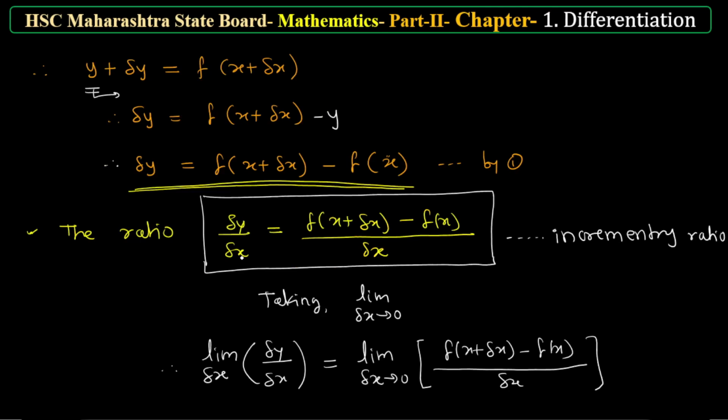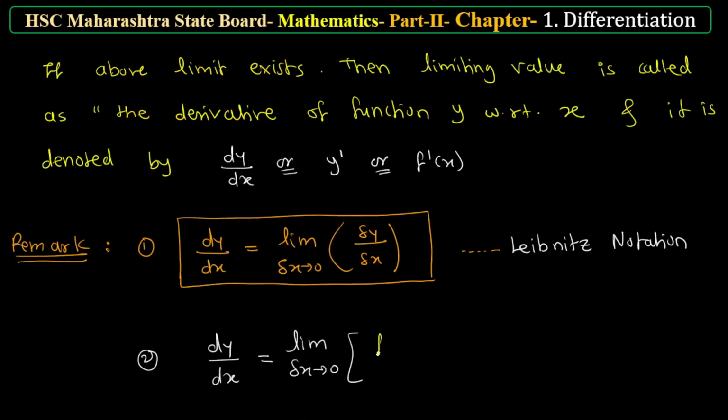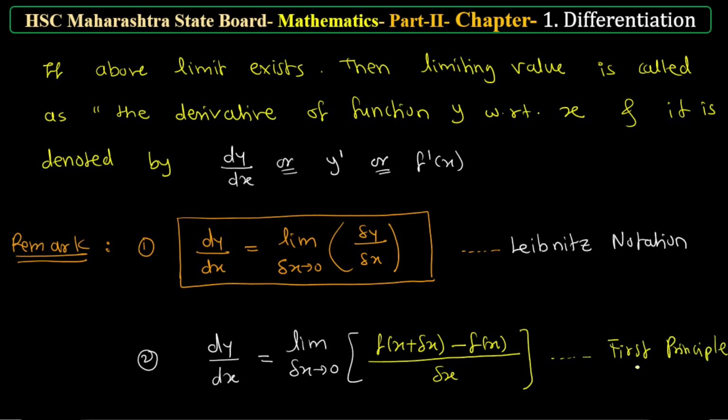We know that delta y upon delta x is f of x plus delta x minus f of x, whole divided by delta x, from the incrementary ratio. This is called the first principle formula for finding the derivative.